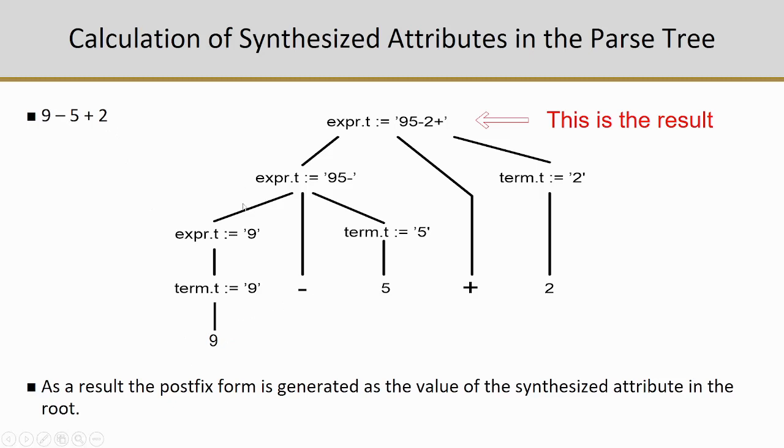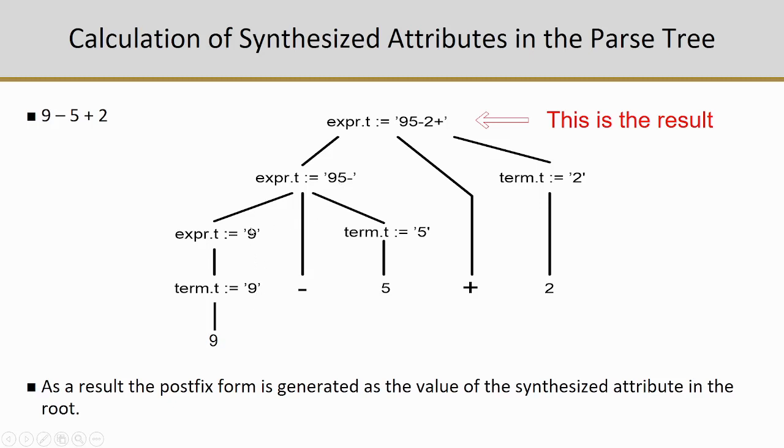And according to the semantic rules, the t attribute of term becomes a string containing a 9 character if the child node was a 9, and similarly the expression to term rule indicates that the attribute of the expression has to be equal to the attribute of the term.